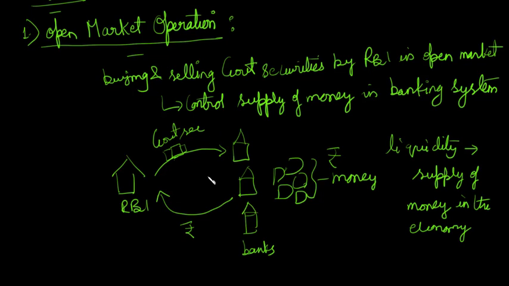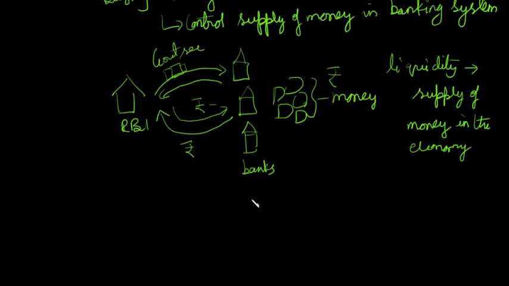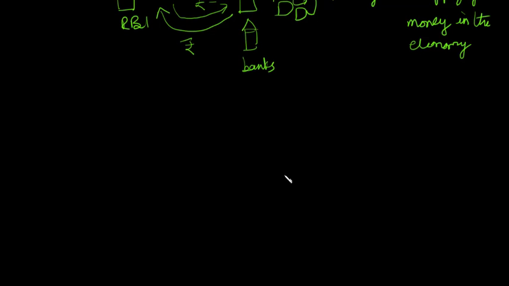It's just the reverse. It will buy back the government securities and give the money to the banking system. So this is the main concept of open market operations, buying and selling of government securities and thereby maintaining the supply of money in the market. This is the first tool used under monetary policy.